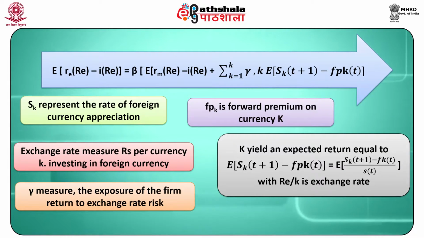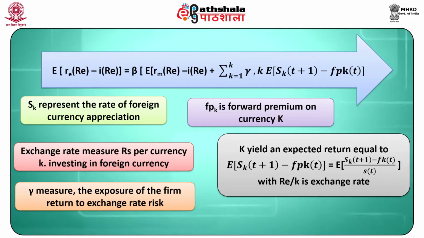E of RE in rupees minus I in rupees is equal to beta into E of RM in rupees minus I in rupees, plus the summation, where K goes from 1 to K, of lambda K into E of SK at T plus 1 minus FPK at T, where the rupee is the numeraire and risk is measured for the Indian investor.